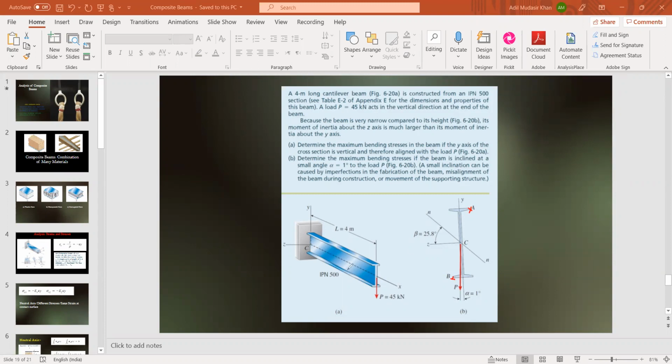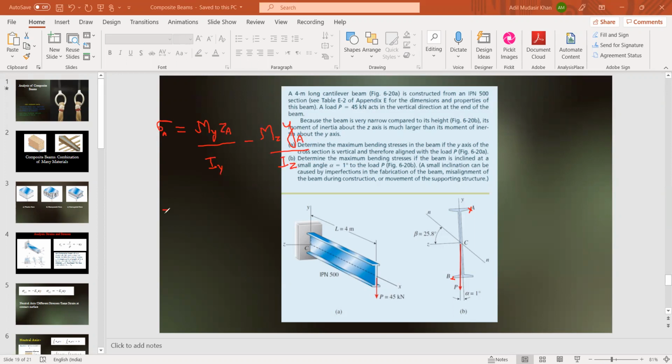What is the formula in case of inclined beams? In case of inclined beams, we will write the stress at point A. We already have the derived formula. Sigma A is equal to My ZA divided by Iy, minus Mz YA divided by Iz.